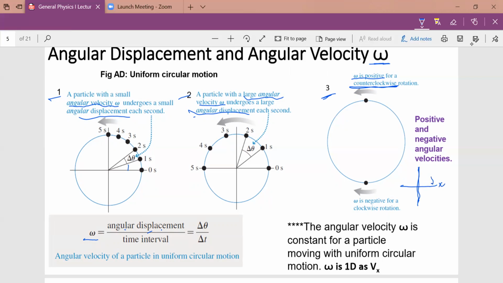So going this way, in the positive s direction, we say it is positive. But when it's going this way, in the negative direction, we say the motion, which is a clockwise motion, is negative. That is how we know the sign of angular velocity. And angular velocity is in one dimension, just like your velocity on the s-axis.